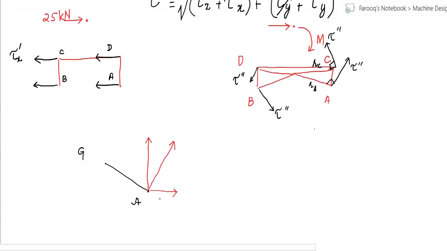Now we will try to find the X component of secondary shear stress at A point and Y component of secondary shear stress at A point.